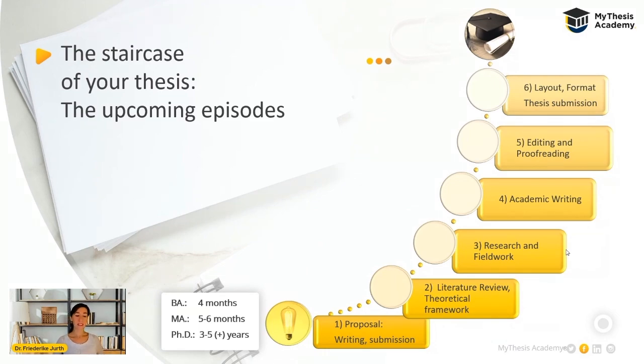For example, the bachelor thesis will take you around 4 months or 16 weeks, the master thesis around 5 to 6 months, so at least 20 to 26 weeks, and the PhD thesis will take you at least 3 years, but in most cases it is around 6 years or even a little bit more. This depends on a variety of different aspects.